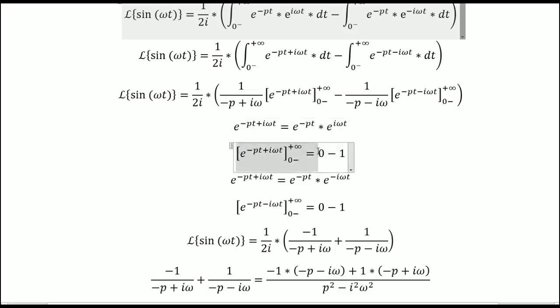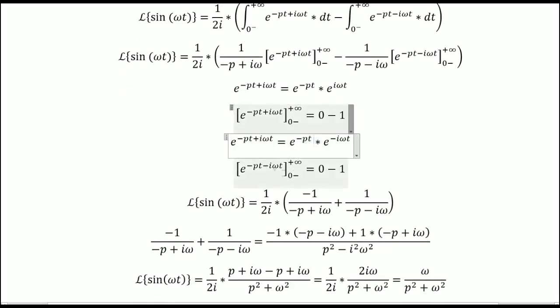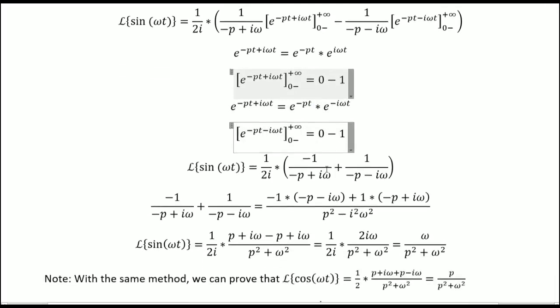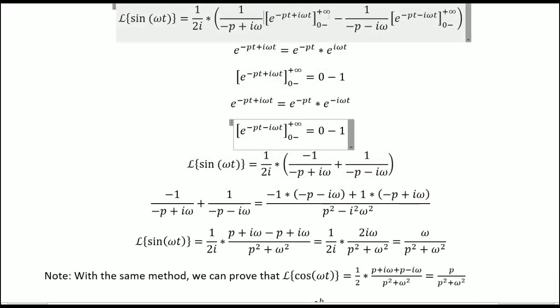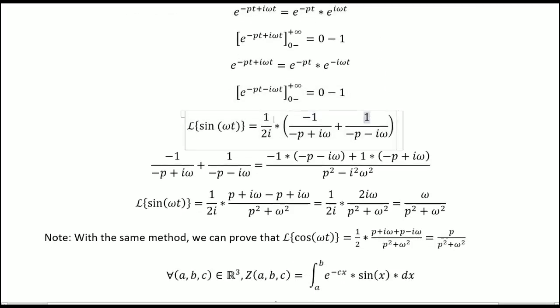And in 0 minus this converges to 1, because this will have the priority, and in 0 this will just be 1. So we have the part in infinity that is 0 and the part in 0 minus that is here. So this equals minus 1 obviously, and we have the same thing here. It equals minus 1 as well. So I can rewrite this with the minus 1 here, and the minus 1 is equal to plus 1, so we get this.